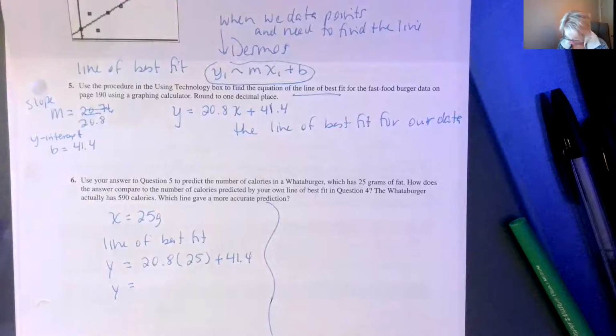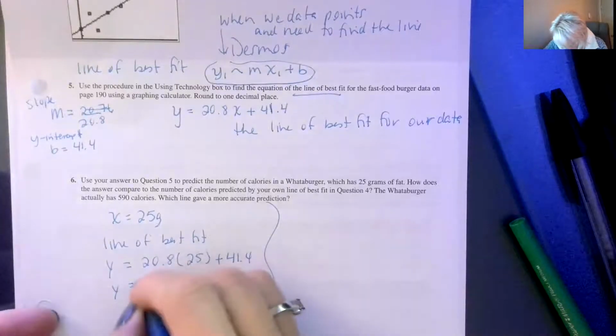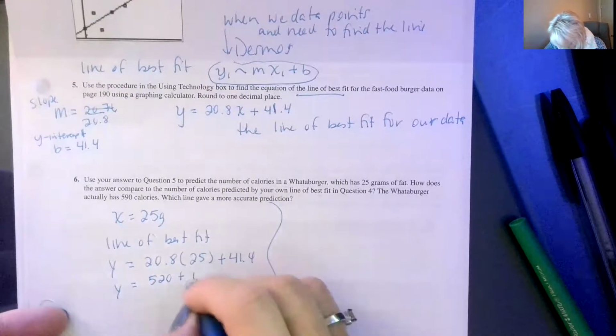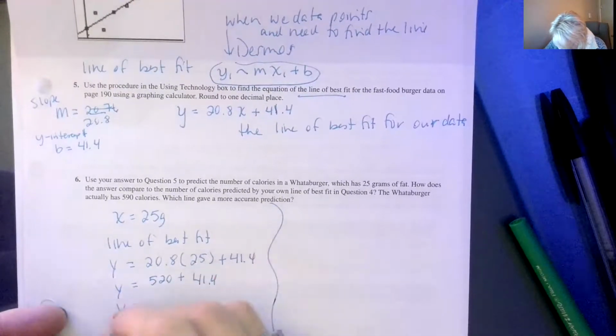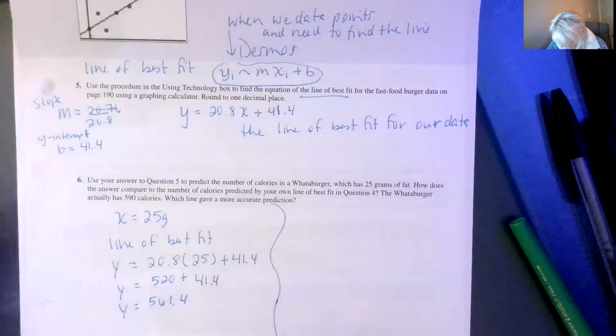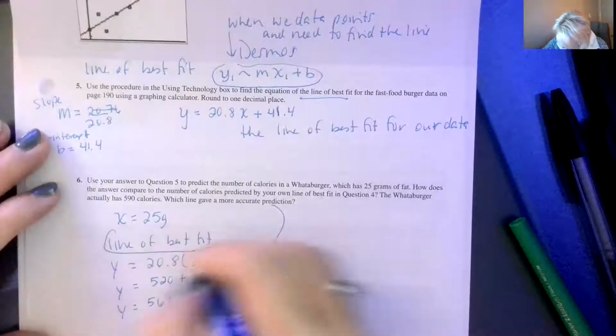I'm going to show you that in a minute. So 20.8 times 25 is 520 plus 41.4 is 561.4. So that's using the line of best fit.